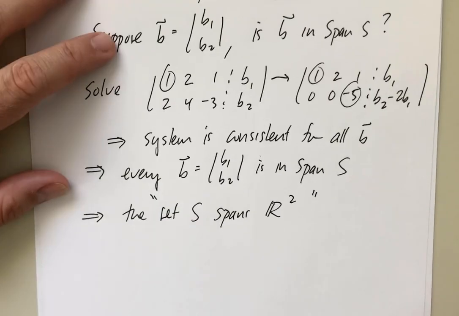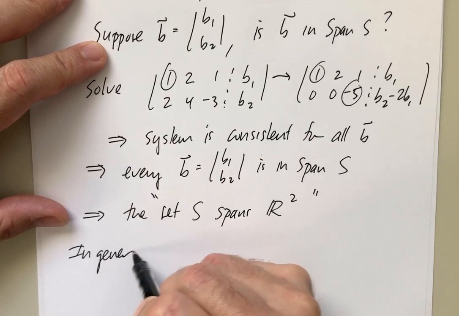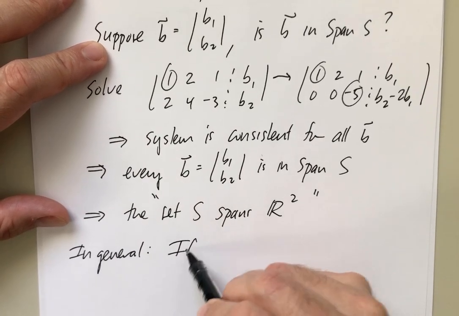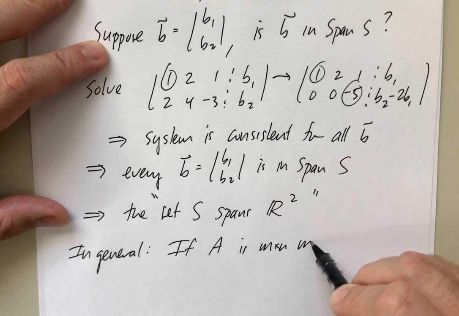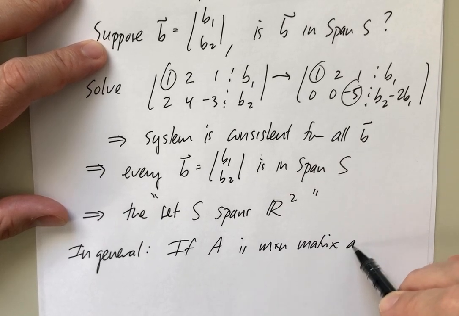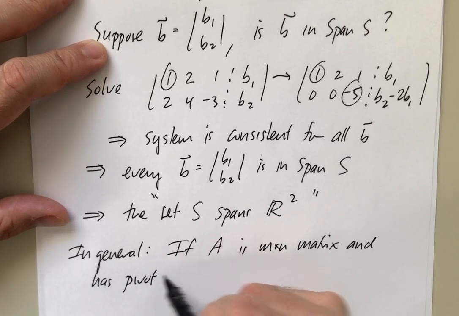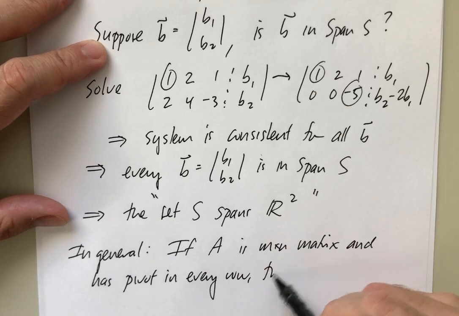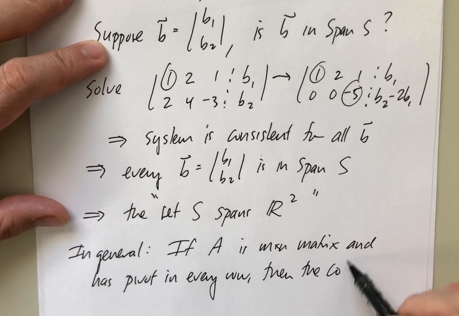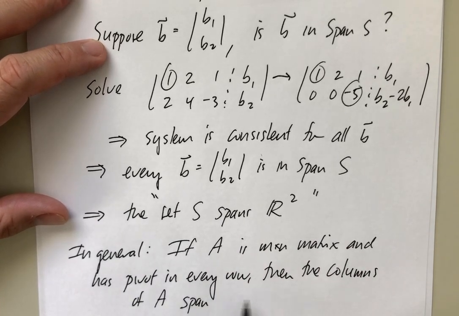Okay? And in general, if A is an m by n matrix and has a pivot in every row, then the columns of that matrix span everything.